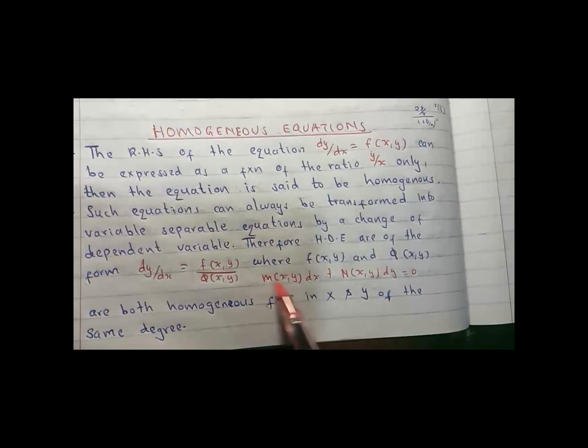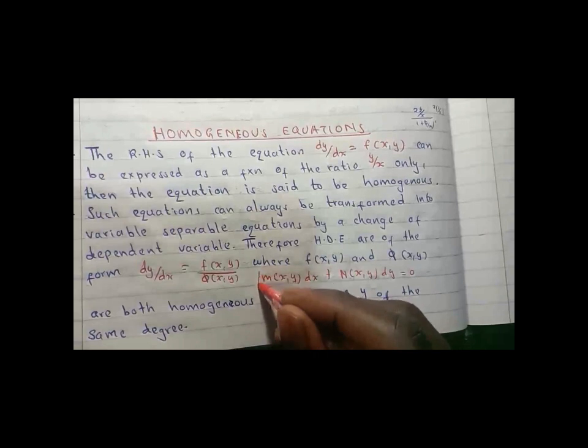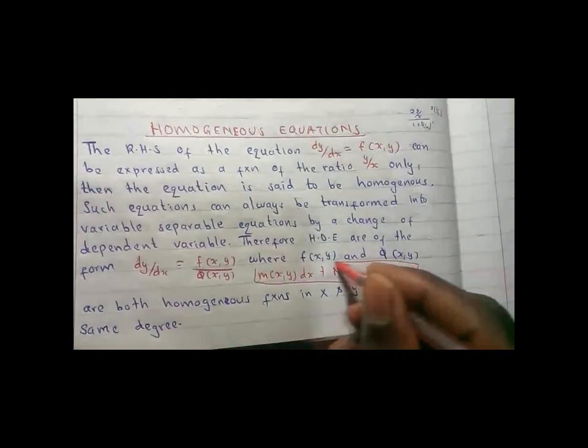So when M and N are homogeneous, the whole equation is homogeneous.